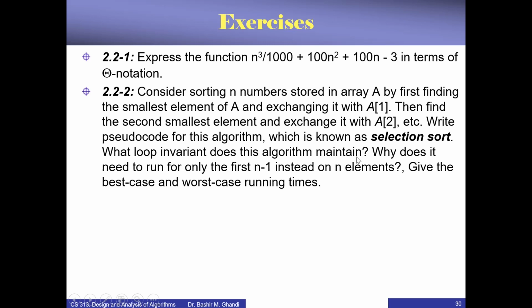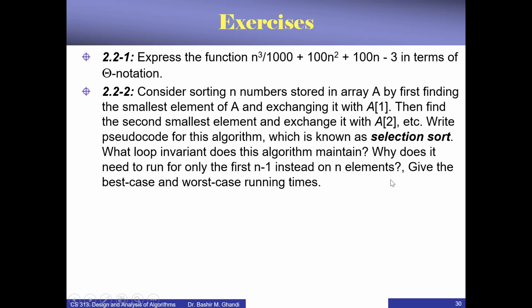Part 3, why does this need to run for only the first n minus 1 elements instead of n elements? You will see that your loop for the selection sort runs only n minus 1 times. It doesn't have to run until n. The question is why?